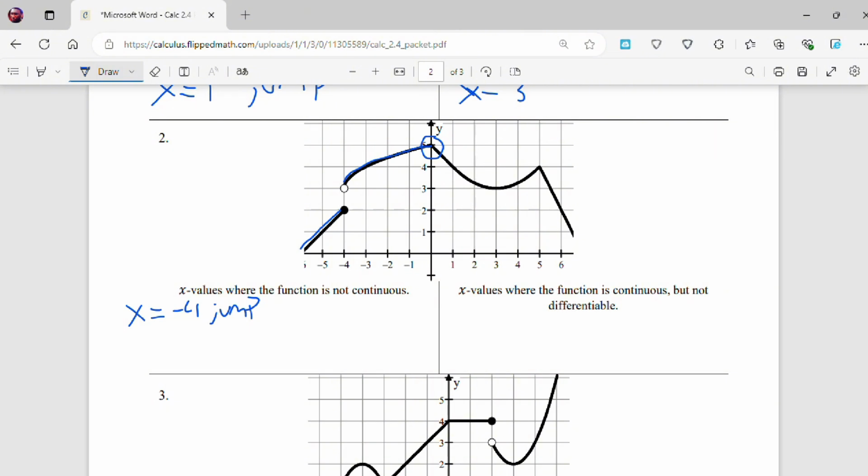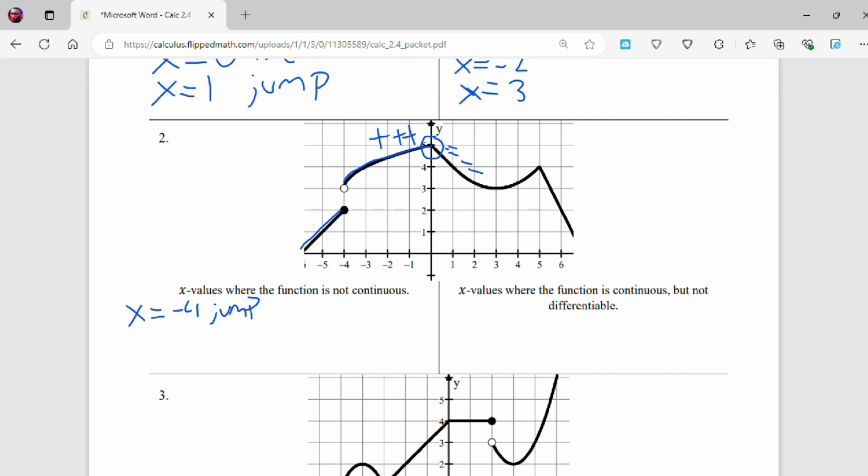You can see that our slope is positive, and then our slope is negative as it approaches 0. So we have x equals 0. And it is still continuous, but it's not differentiable, okay? So that's why I didn't include -4. It's not differentiable there, but it has to be continuous according to the question here.